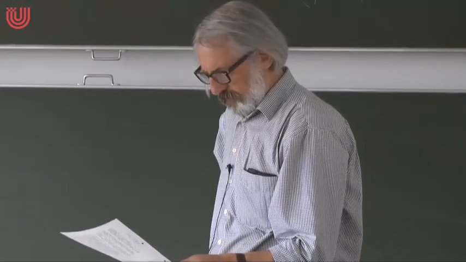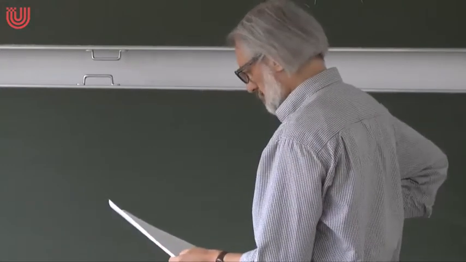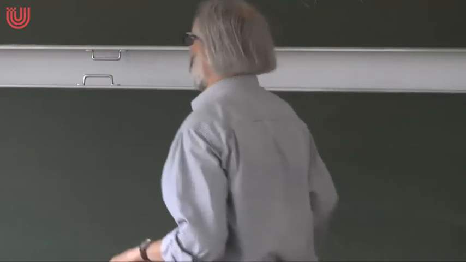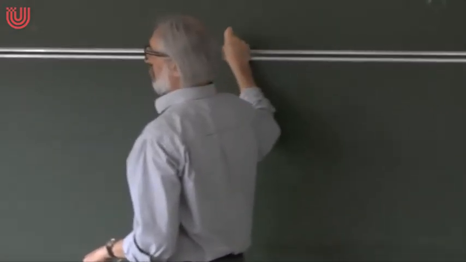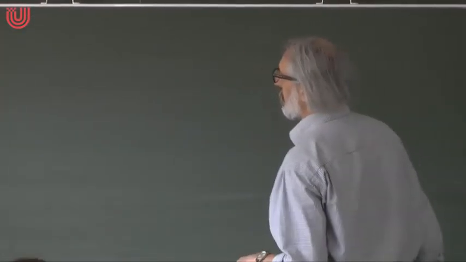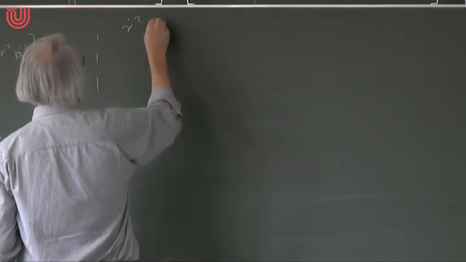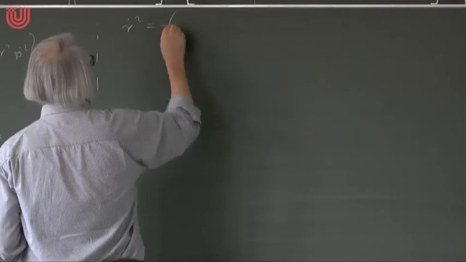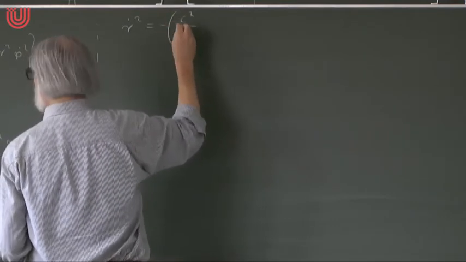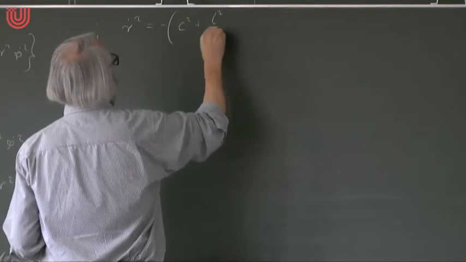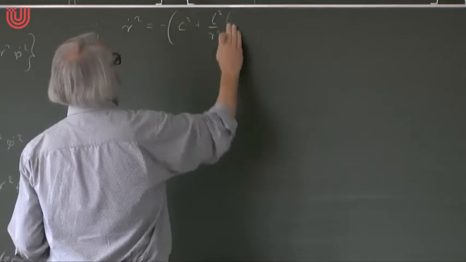R dot squared over c squared. Yes, I think I know. I have to rearrange the terms in such a way that I have some nice positive terms on one side, and the interesting terms on the other side. So I write this in the following way. I have to write it out. C squared, plus L squared over R squared. Now I have to remember what the f was.